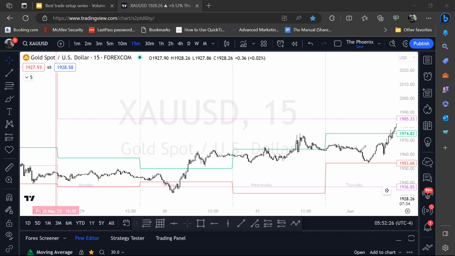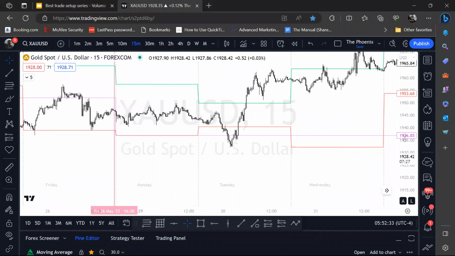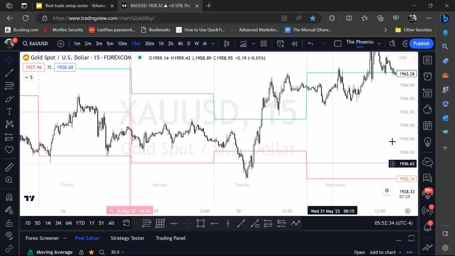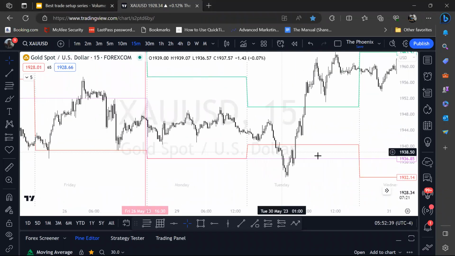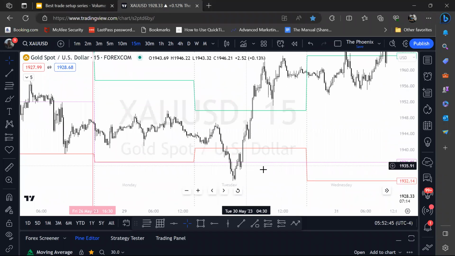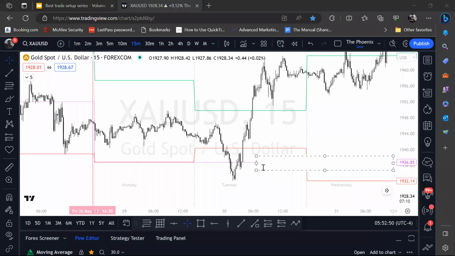Tuesday comes, and let's do this. Let's make this a little bit bigger. All right, so Tuesday comes and breaks the high and the low of the week that is set initially. So now we have what is called day one on Tuesday.